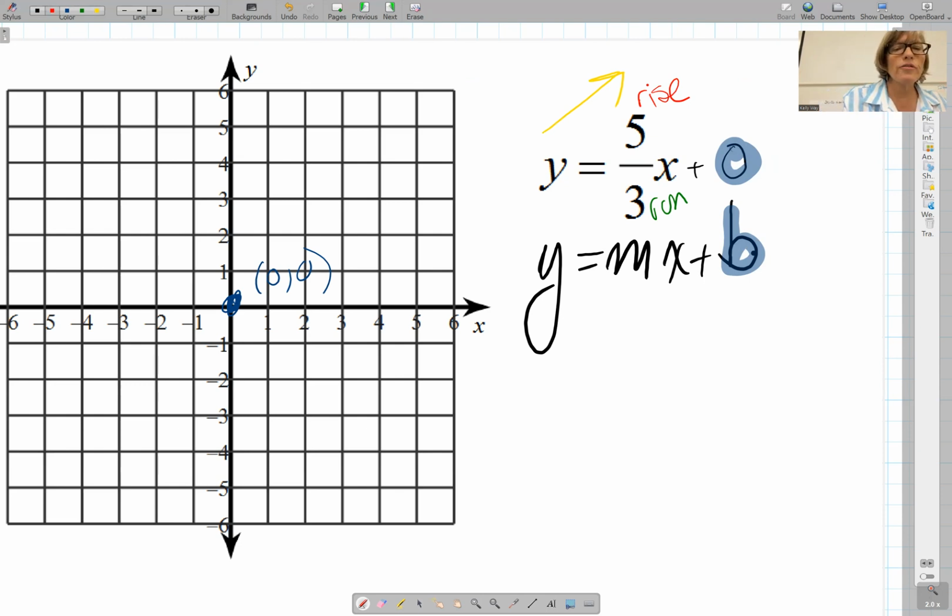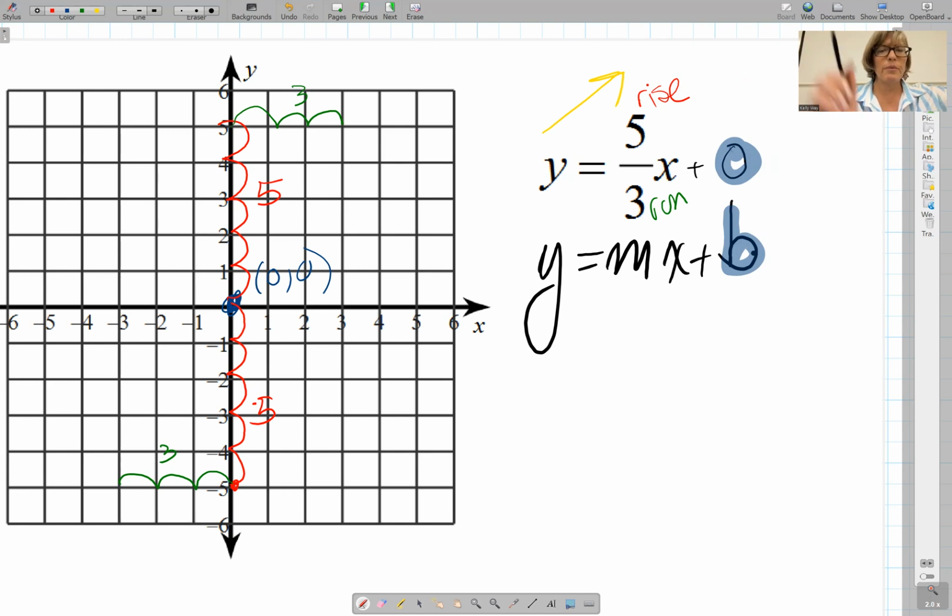I rise 5, 1, 2, 3, 4, 5, or I could drop 5. But whatever direction I run, I must end up with a positive line. So I must run to the right: 1, 2, 3. Here I'd have to go to the left: 1, 2, 3. This is rise over run, 5/3.